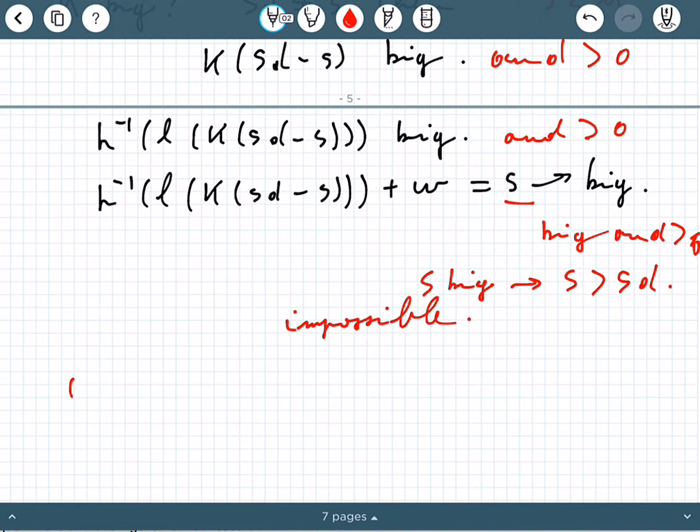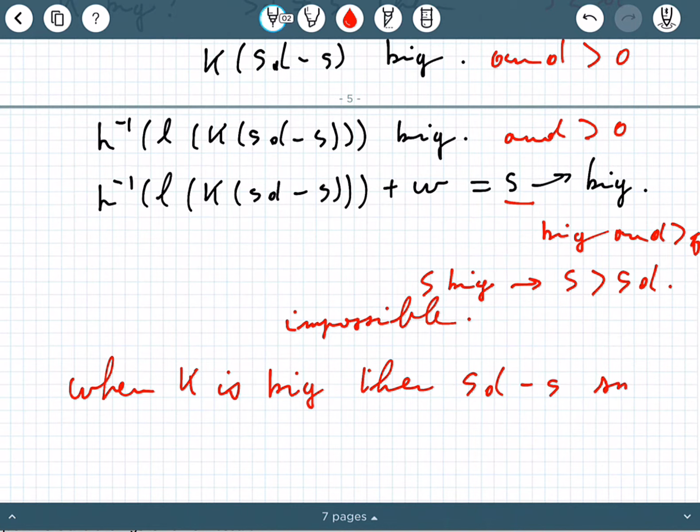So when K is big, then SD minus S must be small, no matter what W is, by the way.